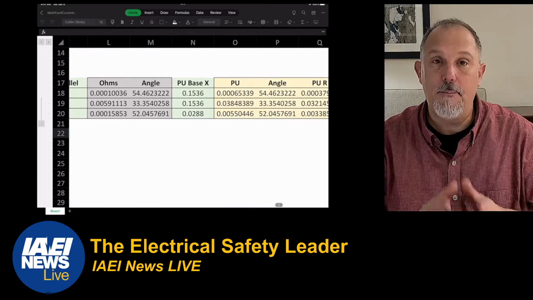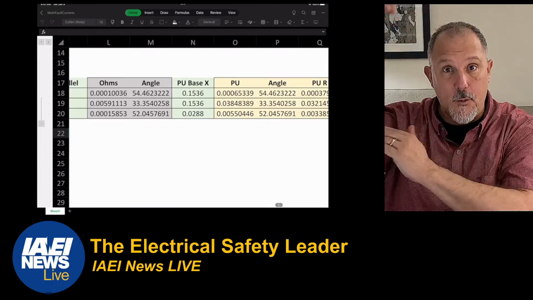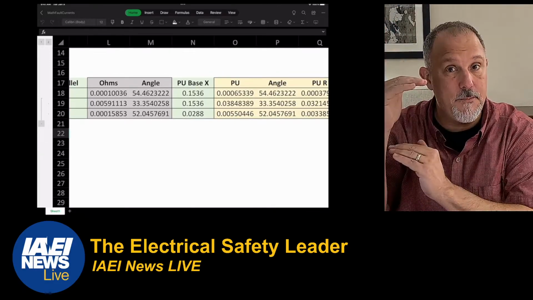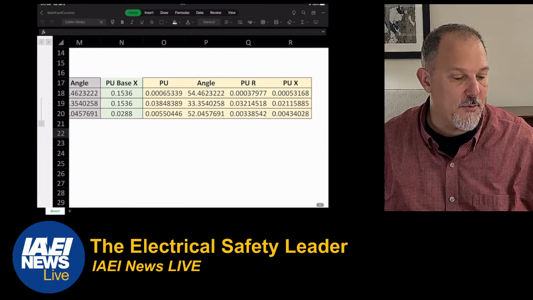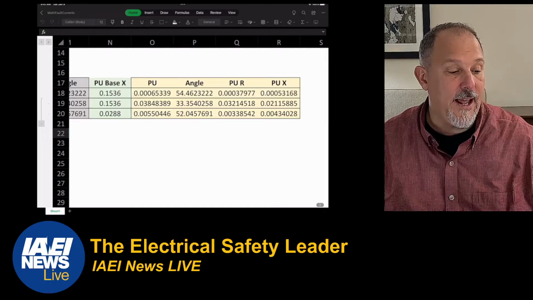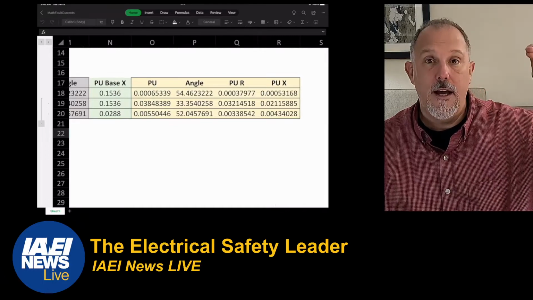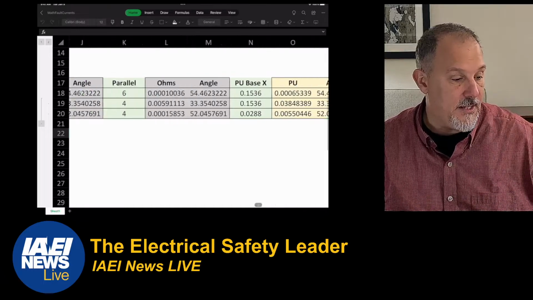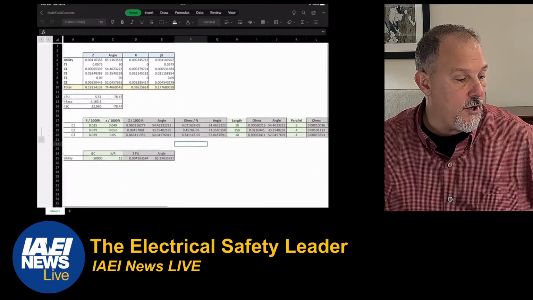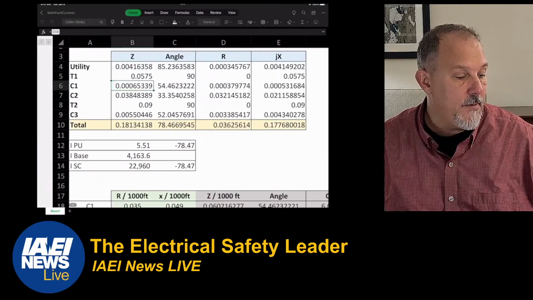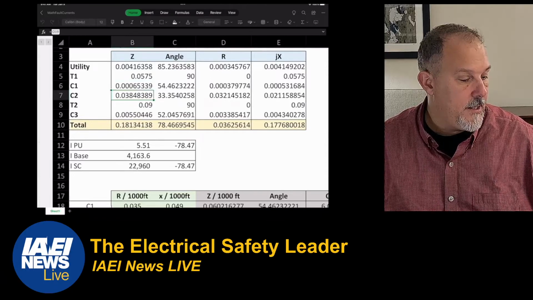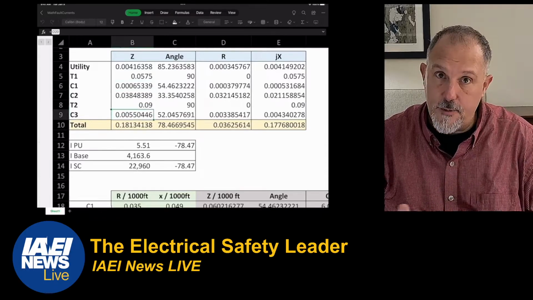My per unit base, because I'm at the 480 volt system, remember my base impedance is going to be different from the 208 volt system. I get 0.1536, and then you get a final per unit angle and a resistance and an impedance. Those numbers are placed up here for C1 and then C2 and C3, all 3 of those conductors.